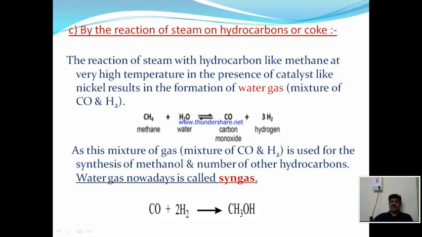This mixture is called water gas. Remember, this mixture of carbon monoxide and hydrogen is used for the synthesis of methanol or other hydrocarbons, and hence water gas is also called syngas, otherwise called synthesis gas. That means you are going to produce other hydrocarbons using the carbon monoxide and hydrogen mixture, and hence water gas is called syngas.